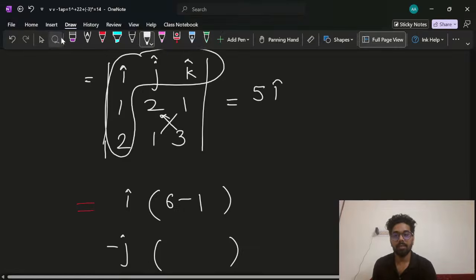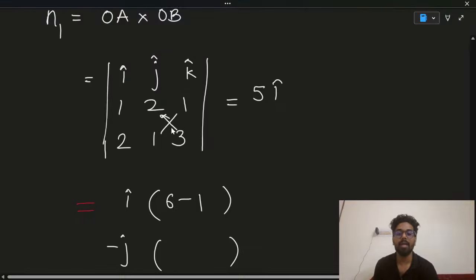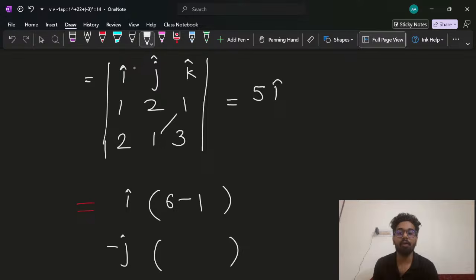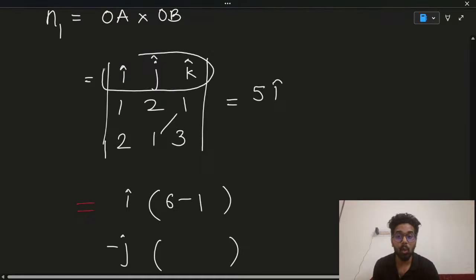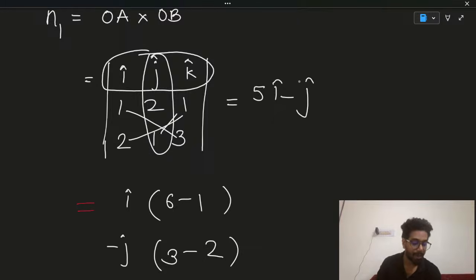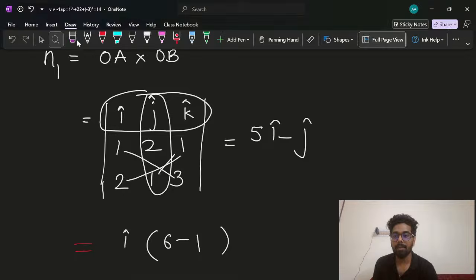Same way you have to calculate for j cap: delete the row and column for j cap. Now 1 into 3, 3, minus 2 into 1, 2. So 3 minus 2 is 1, and 1 into minus j is minus j cap.